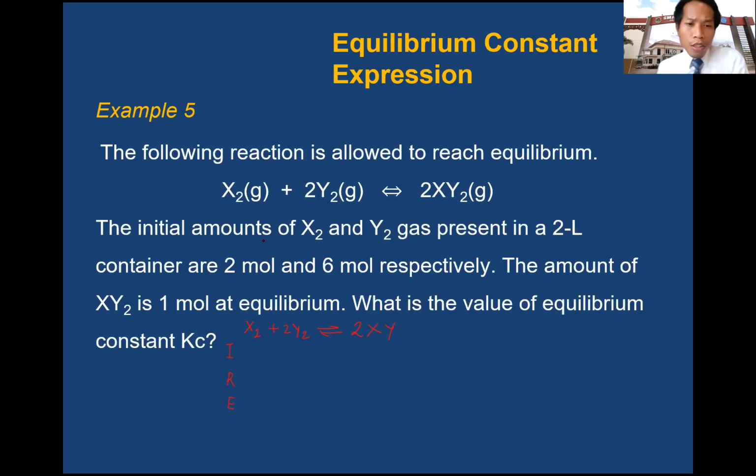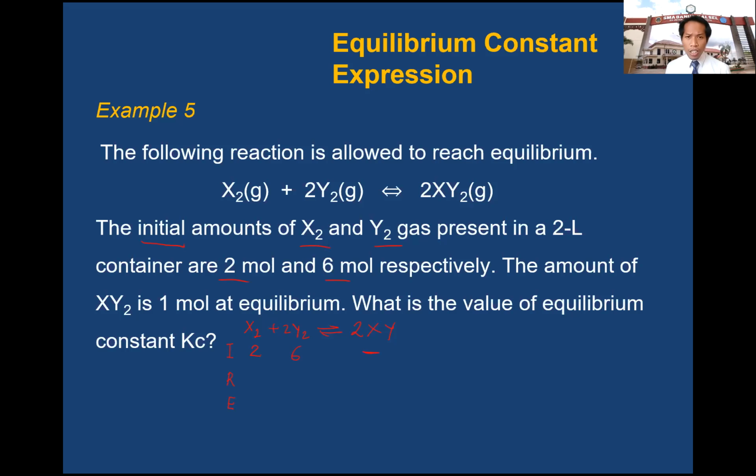Now, look at the information from the question. The initial amounts of X2 and Y2 gas present in a 2-liter container are 2 mole and 6 mole. So we have the initial X2 and Y2, which is 2 mole and 6 mole. I could write 2 here, 6 here, because it is initial. How about XY, the product? Of course, initially there will be no product, so 0. The product initially is always 0 because the product will form after the reaction.